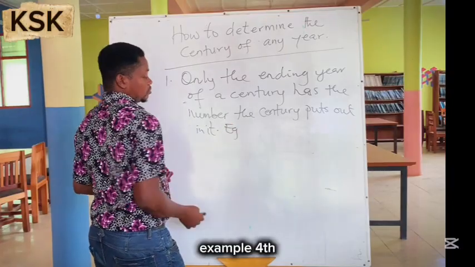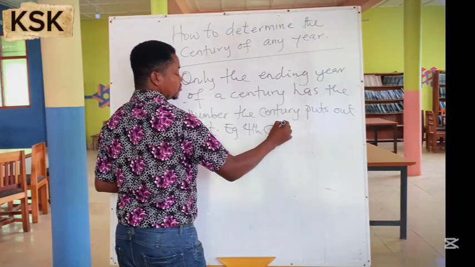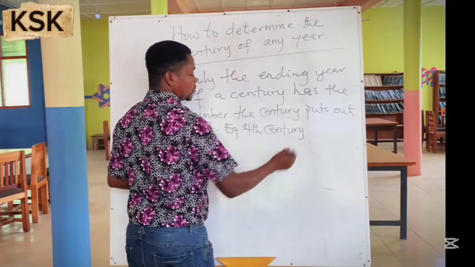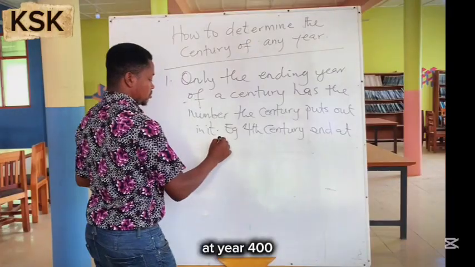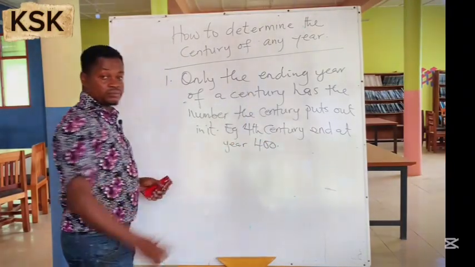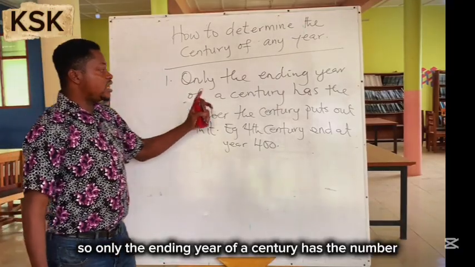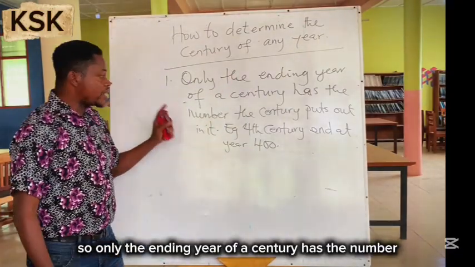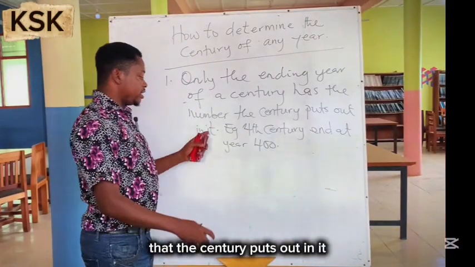Example, the 4th century ends at year 400. So only the ending year of a century has the number that the century puts out in it.